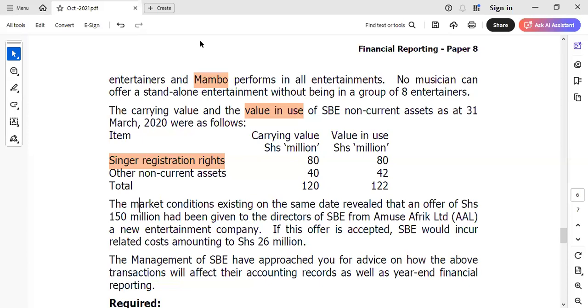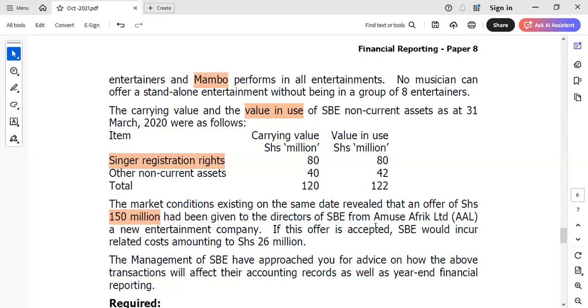The market conditions existing on the same date revealed that an offer of 150 had been given to the directors of SBE by a new entertainment company. Okay, this is like a consideration to be received if you accept the offer. This is like the price to receive.